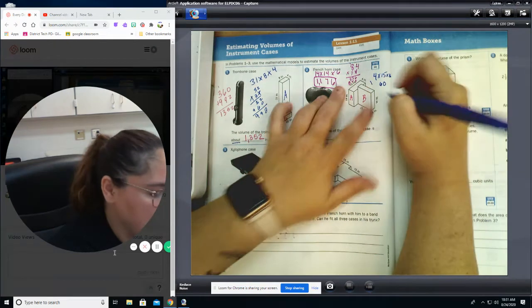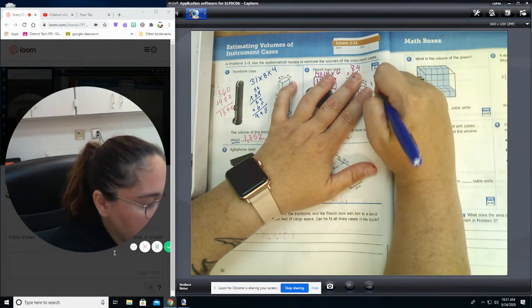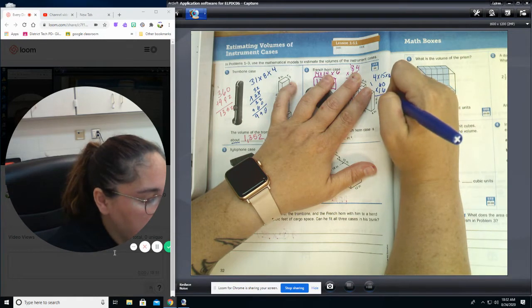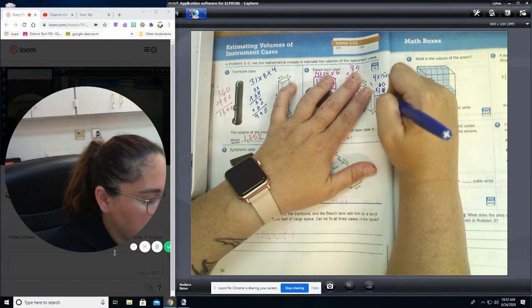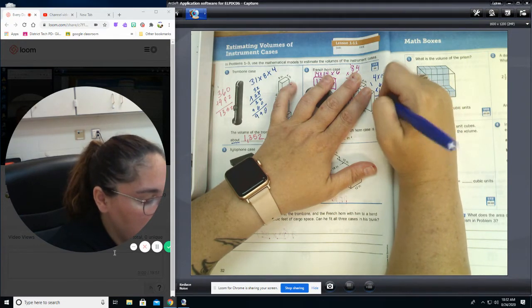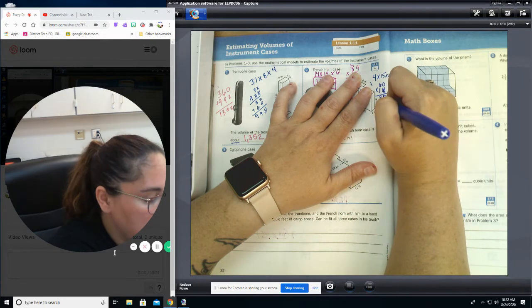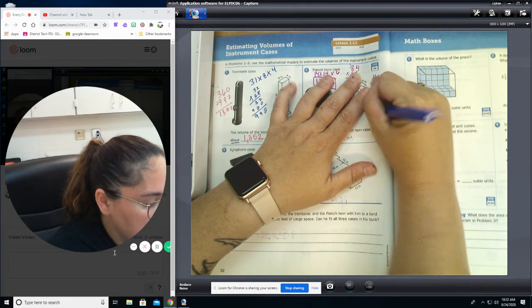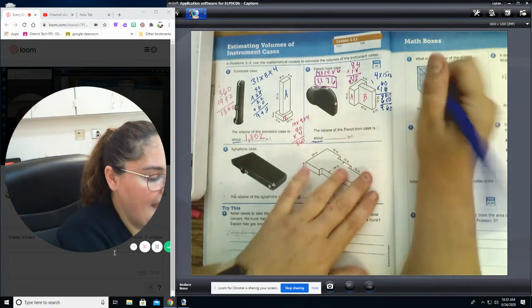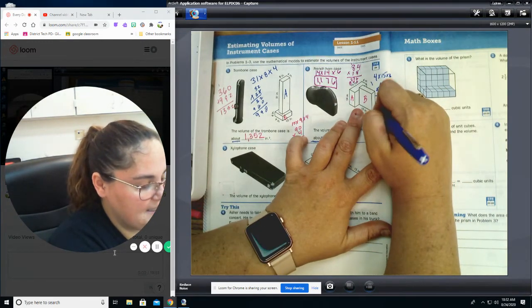That's how I got to that answer. So we're going to do 60 times 16. 6 times 0, 6 times 1. X's and O's. 1 times 0, 1 times 6. 0, 6, and 9. So the volume of that is 960.